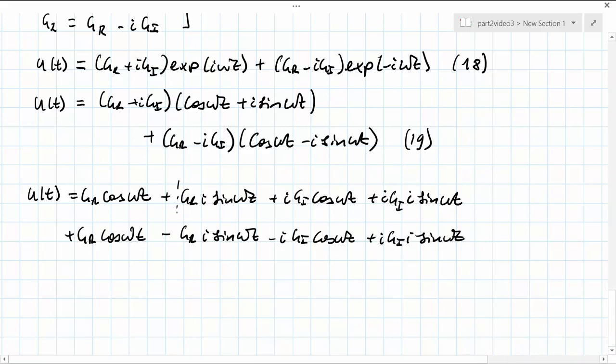We can then see that this term here and this pair of terms here, these both cancel.